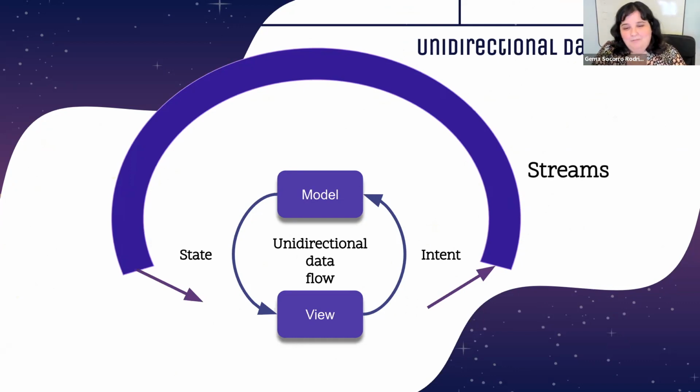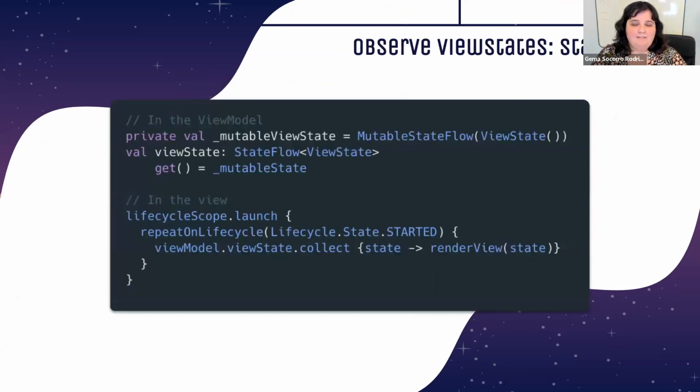And to do that, we need streams. We need whatever streams framework you already use. In this case, I'm using StateFlow as an example. So in the view model, I'm going to have this view state, which is the state of the view. We are going to use a StateFlow, and then in the view, I'm going to consume the emissions.